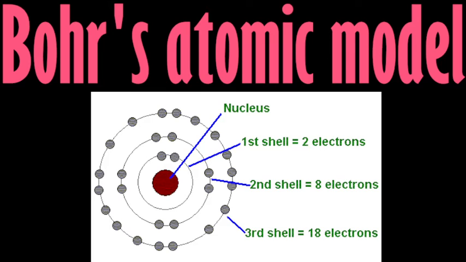Electrons can move to a lower or higher orbit only by losing or gaining energy. This model addressed the flaw in Rutherford's model. In 1922, Niels Bohr received the Nobel Prize in Physics for his work on the structure of atoms.